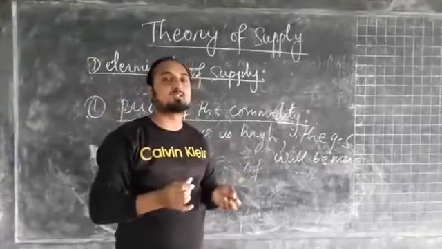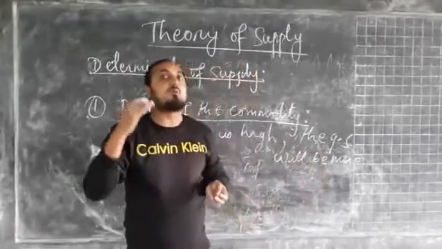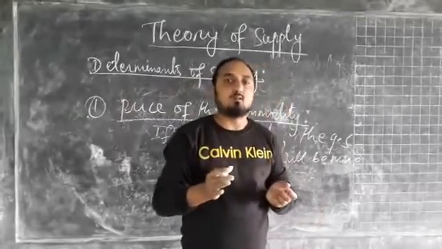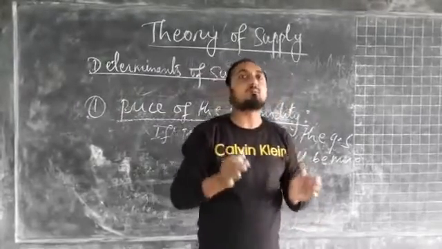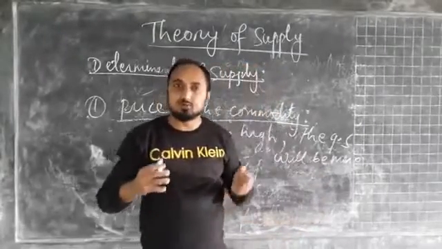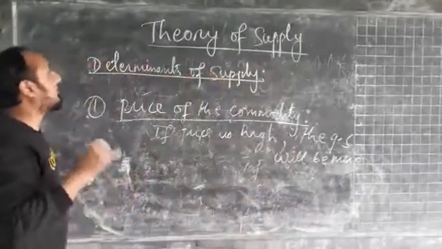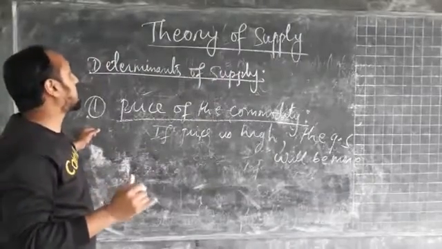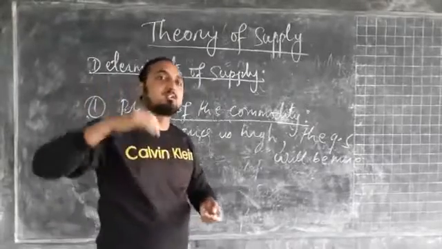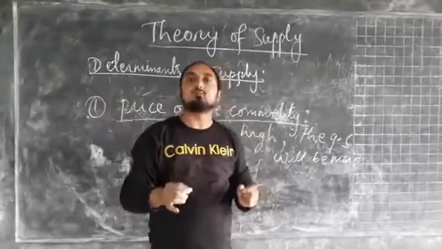So there is a positive relationship between price and quantity supply. If the price of a commodity increases, then the profit per unit also increases, and when the profit of the firm increases, that will motivate the producers to produce more and supply more units of commodity in the market. So one of the important determinants that affects the supply of a commodity is the price of the commodity itself. If the price is very high, quantity supply will be more. If the price is less, quantity supply will be less.